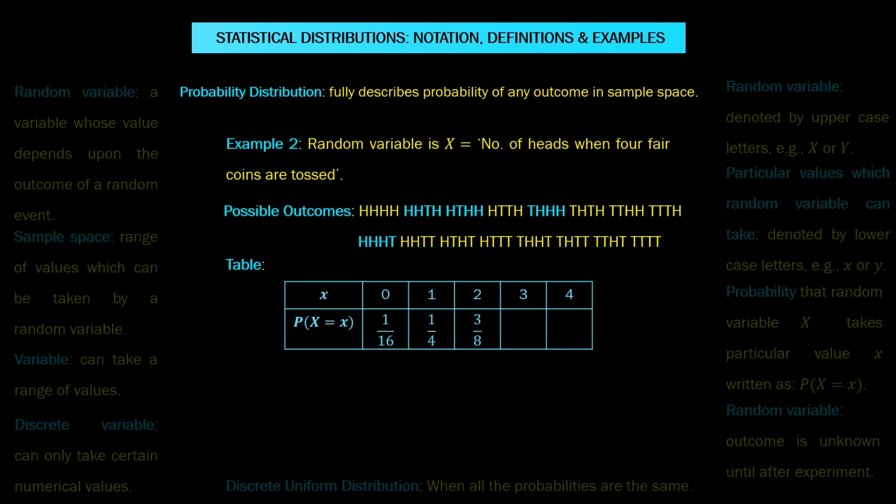And what is the probability that x equals 3 heads? That is of course equal to 4. So there are 4 ways, as highlighted, of getting 3 heads. So the probability of x equals 3 is 4 out of 16, which is of course equal to 1 out of 4.